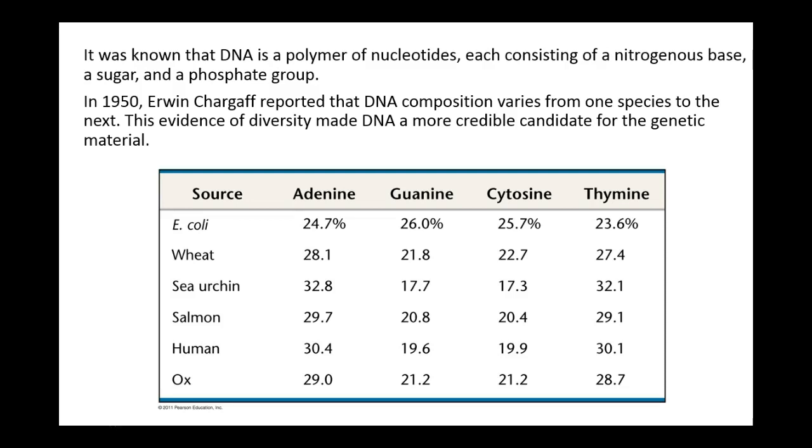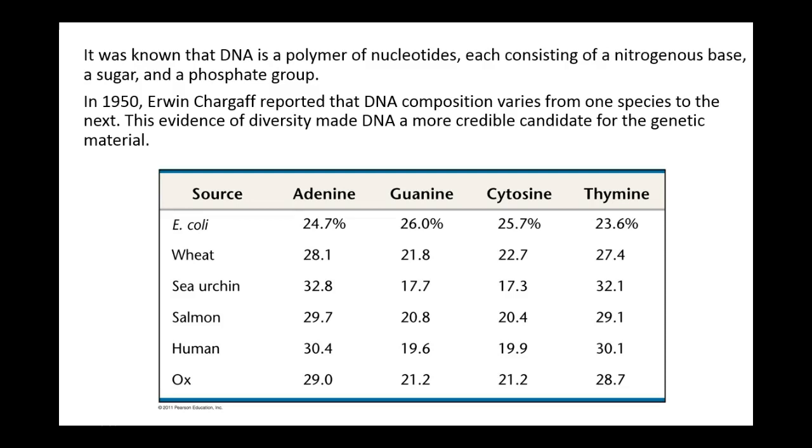And if you look at wheat, adenine, thymine, sea urchin, adenine, thymine, and those happen to be the pairs that always pair up. And if you look down the row in terms of guanine and cytosine, very similar ratios. Certainly not the same in every species, but the ratios between adenine and thymine are very similar. It's interesting, as humans we have more adenine and thymine than guanine and cytosine.